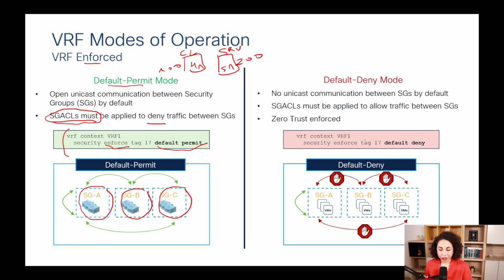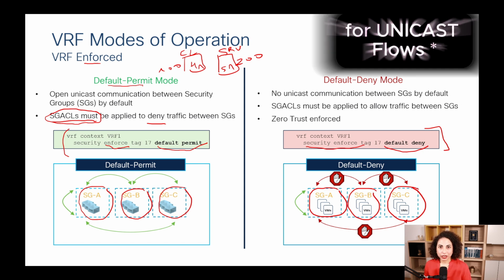So for the configuration, same kind of logic, we go into the VRF context, we do security enforce, and we apply a default deny. It means that we can configure our SGs, same again with the criteria to position the hosts and subnets inside the SGs. As long as we did not configure specific policies and contracts, by default, the SGs cannot communicate with each other.